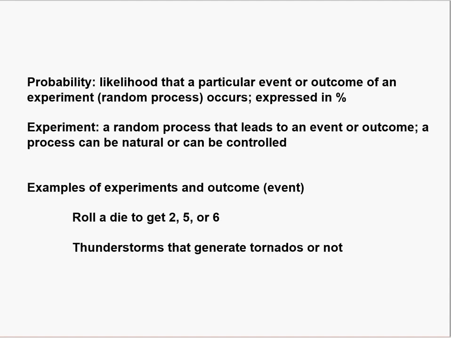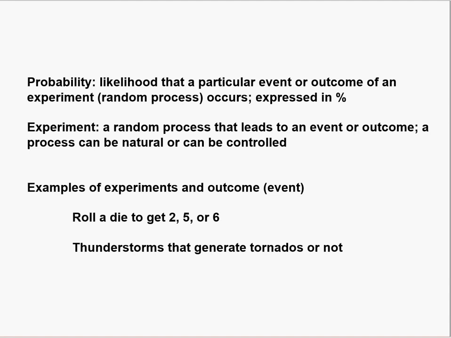So here we have examples of experiments and the resultant outcome or event. Rolling a die can be an experiment. It's a controlled action. A thunderstorm is a natural process. You can also see that as an experiment.